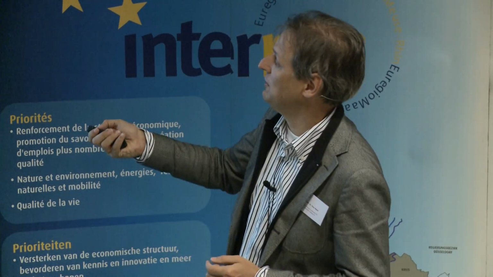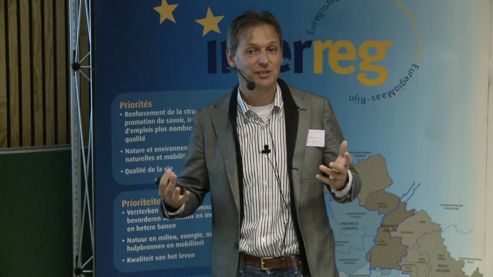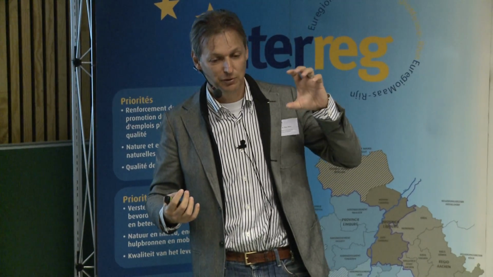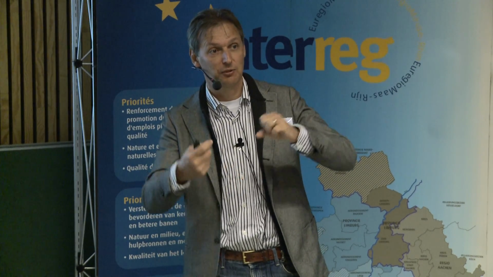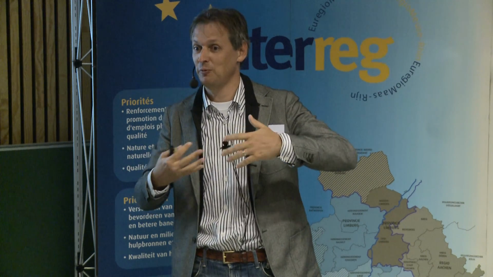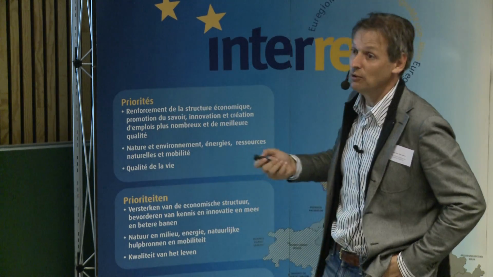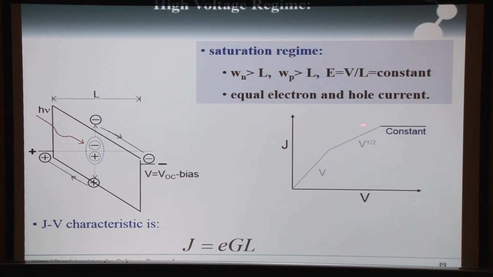And of course you can increase the voltage, but the amount of photons coming in per second is a constant number. So the only thing that happens is, if a photon comes in and gets absorbed, and you make a very high field, you will extract the electron and hole very fast, but you still have to wait for the next photon before the same happens. So the total rate is just determined by the amount of photons that come in. So that also means, if you can measure this, that you know directly how many carriers you have generated.